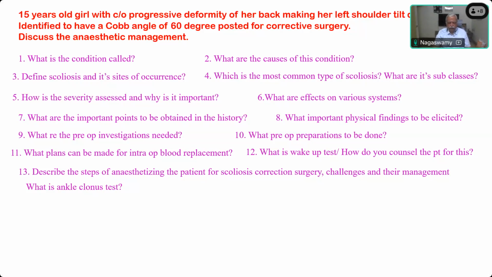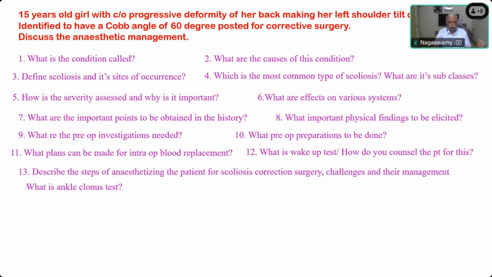When the surgeon cuts, these veins will start oozing and there will be a diffuse ooze and blood loss will be more. So from both anesthetic and surgical points of view, proper positioning to have a pressure-free abdomen for free movement of the diaphragm, as well as preventing pressure in the epidural veins, is very, very important.